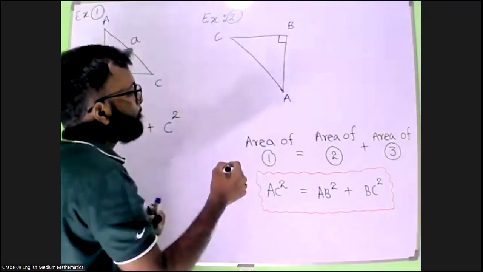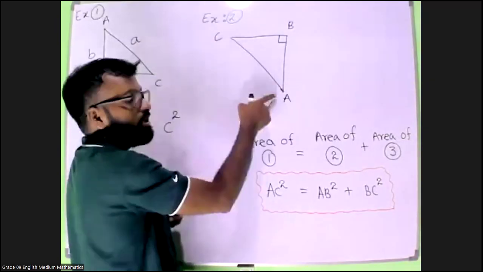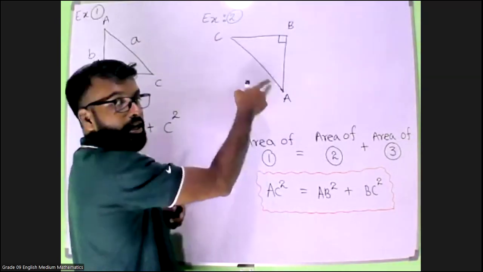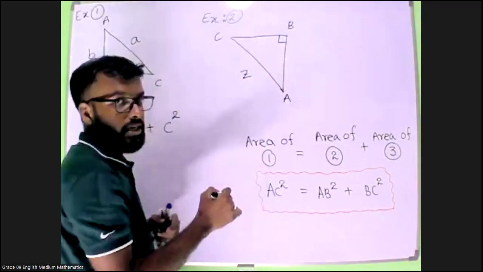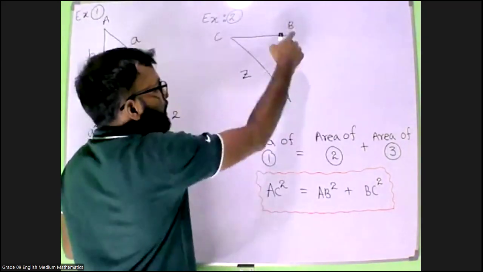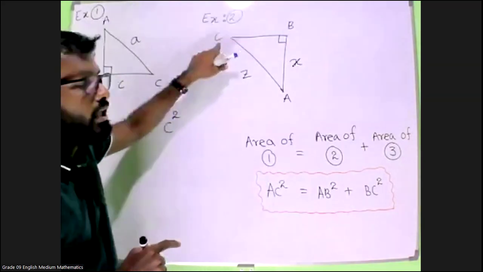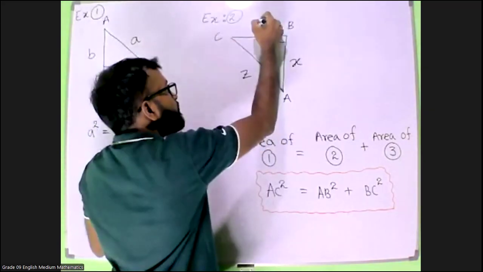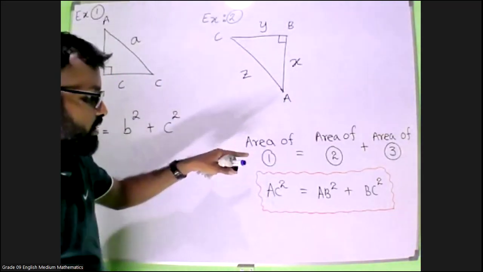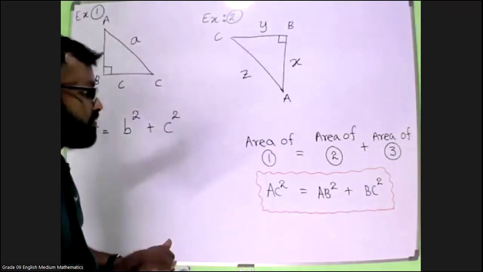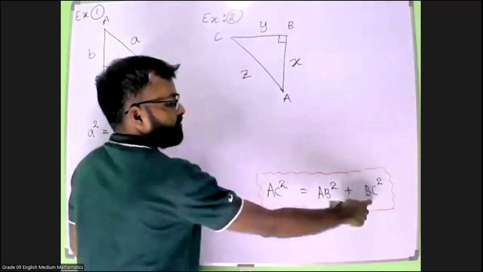I will say the length of the hypotenuse, the length of AC, is Z. And the length of AB is X. And the length of BC, I will say, is Y. Now, how are you going to apply the Pythagorean relation? By looking at this.